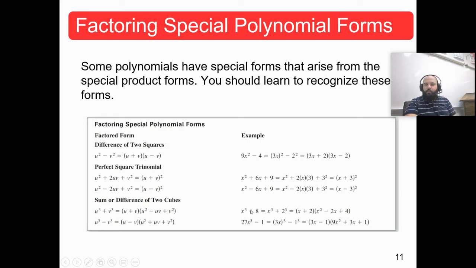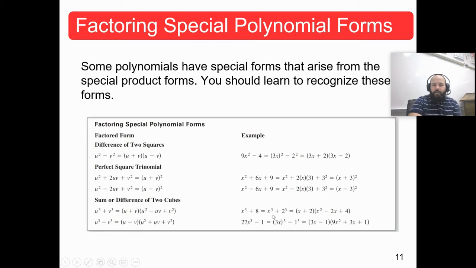As an example, if you look right here, we have x cubed plus 8. We do need to rewrite that so it's something cubed plus something cubed. So the x cubed is already the something cubed, but the 8 needs to be rewritten as 2 to the third. Once we rewrite it as something cubed plus something cubed, you can see that it fits right into the formula right here.